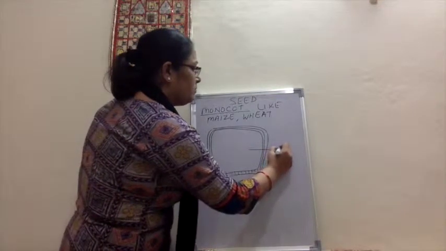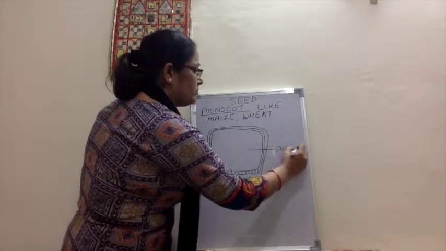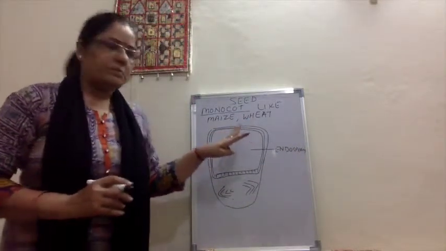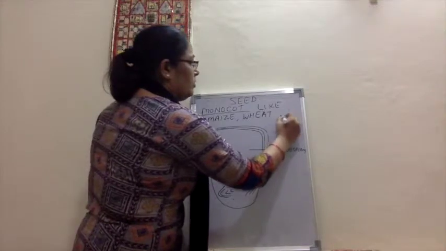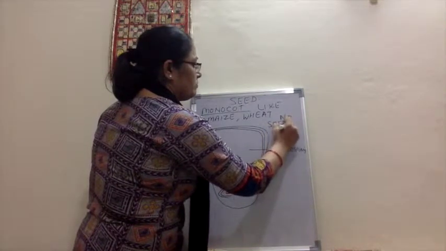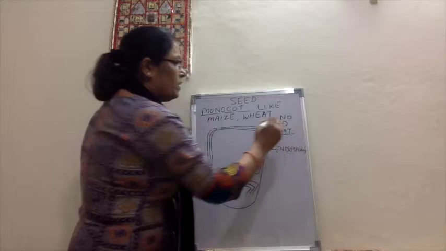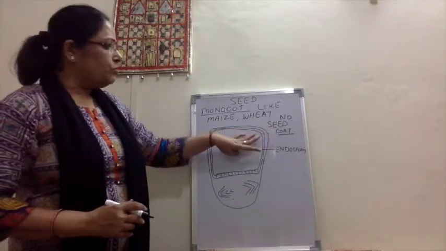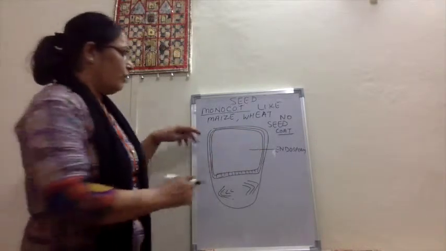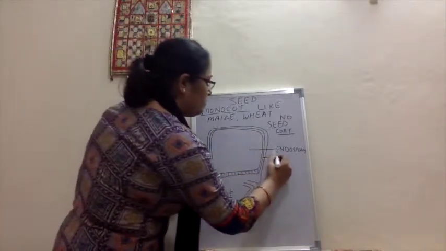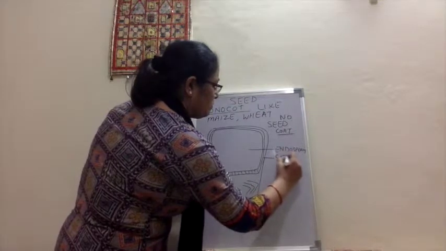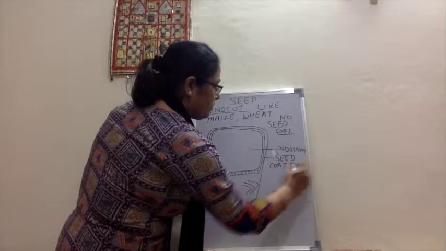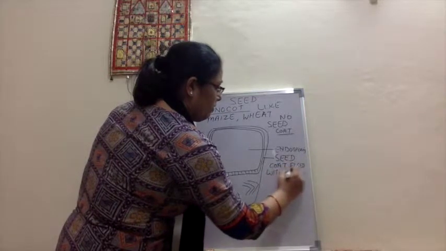This is endosperm. Now in monocot, no seed coat is present. Instead, the seed coat is fused with the inner wall, the fruit wall.